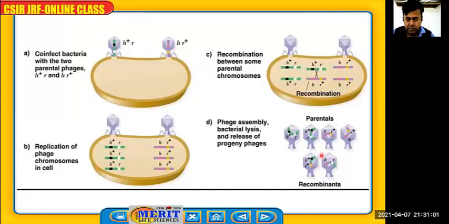And based on the recombinants, you can find the distance between the genes, the order of the genes, how they are behaving, because you have to compare with the parentals. So the parentals will be as we have taken, h plus r or h r plus. Now you can see there are two parental h r plus and two parental h plus r. In the recombinants, what you can see is h plus r plus, and another will be h r. Clear? Is this clear or not?